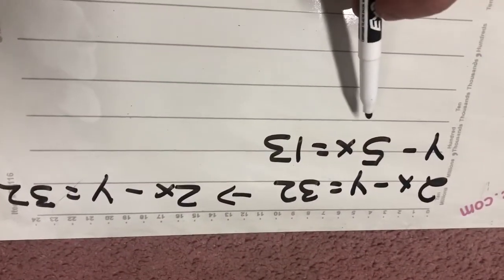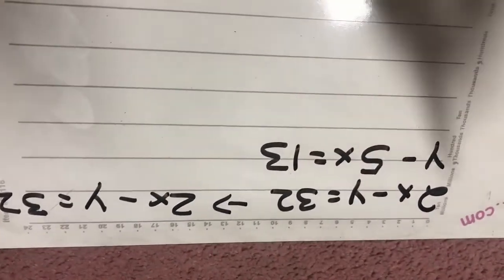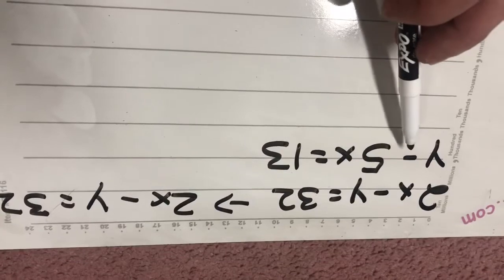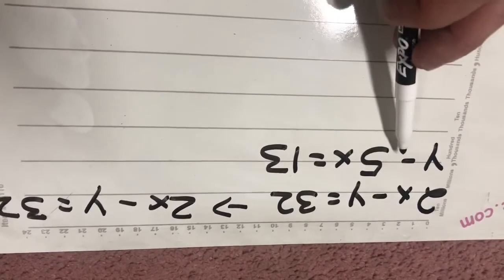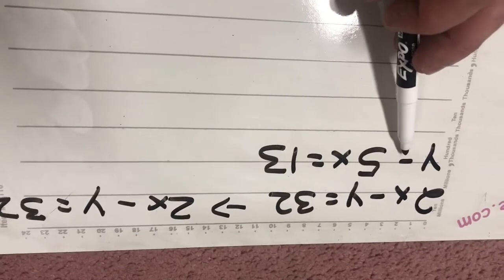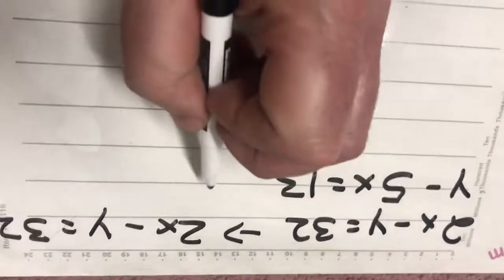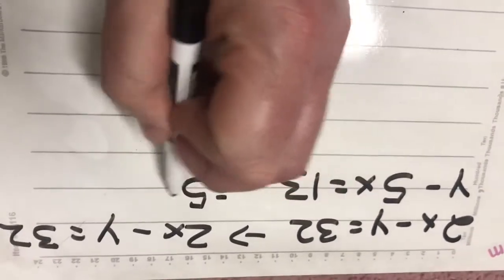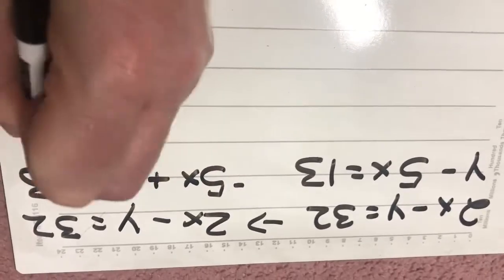So instead of y minus 5x, I'm going to switch them around and make it negative 5x plus y. Remember, this is not just a subtraction sign, it also makes this a negative 5. But it's going to be plus y. So I'm going to do negative 5x plus y equals 13.